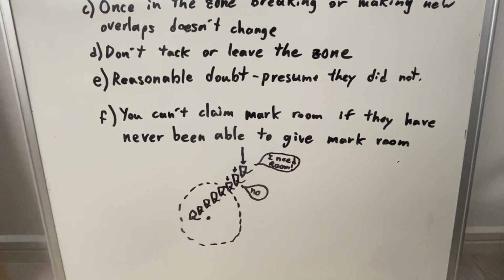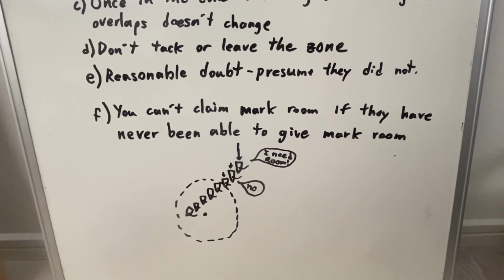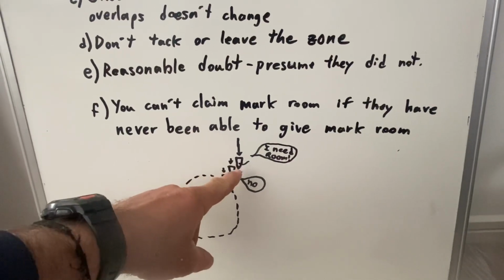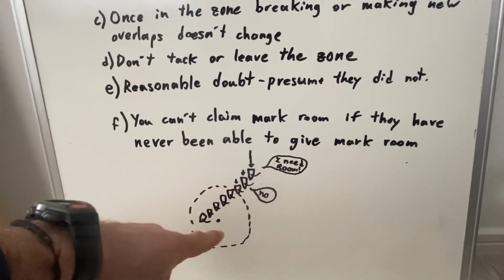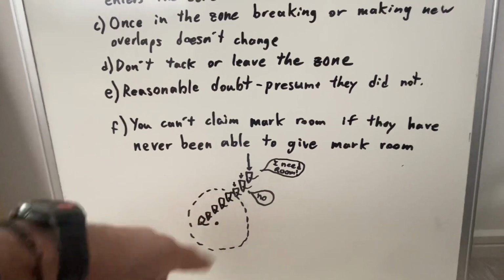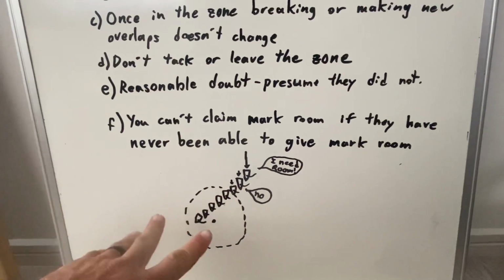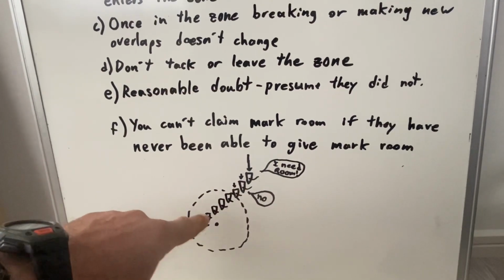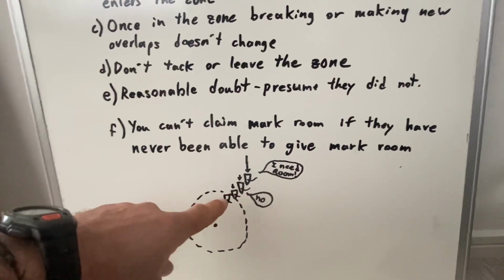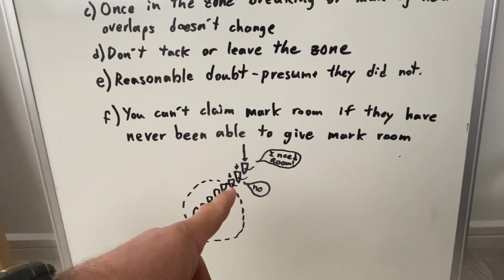So if it's starting to look chaotic, you may actually not have the right to claim mark room, even though you otherwise would. So if it's too busy inside of the 3 boat length circle or around the mark, and the boat that would owe you mark room is not able to give you enough space to get around the mark, they don't have to. That's not their fault.